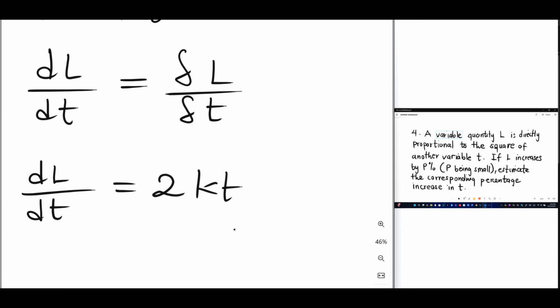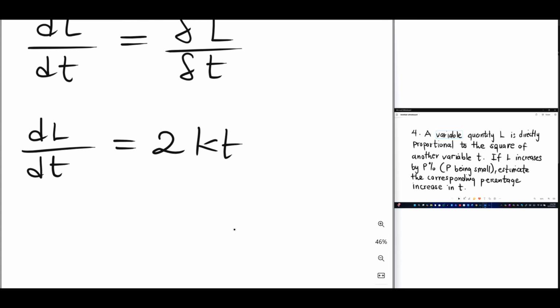Now let us also find our small change in L, because we have been given the increment. I think we have been given the increment. Okay, that is P%. If L increases by P%, so it means that is the increment.